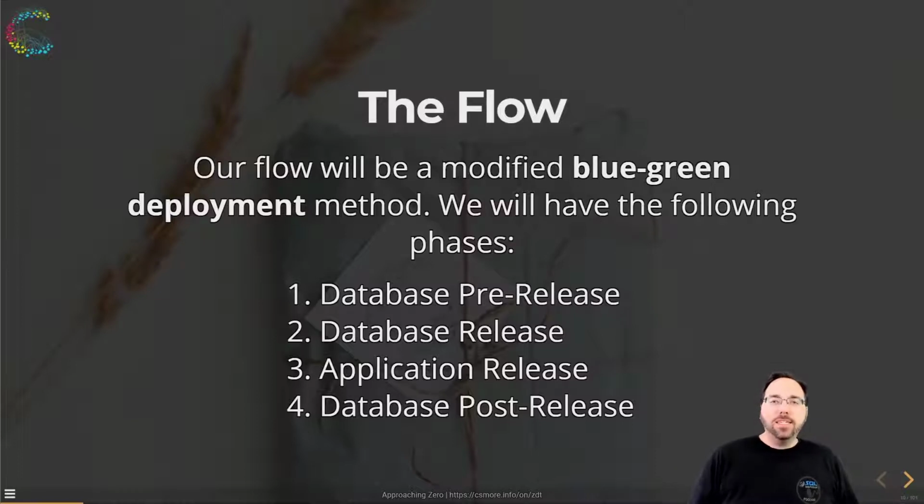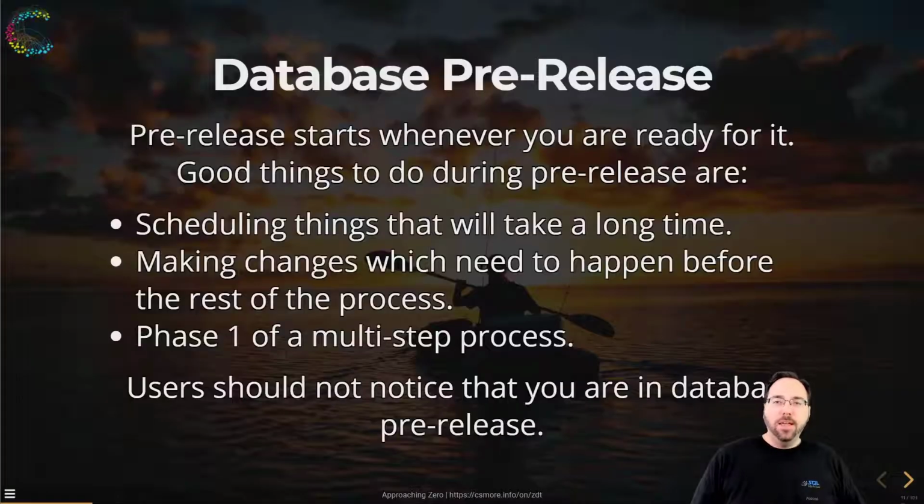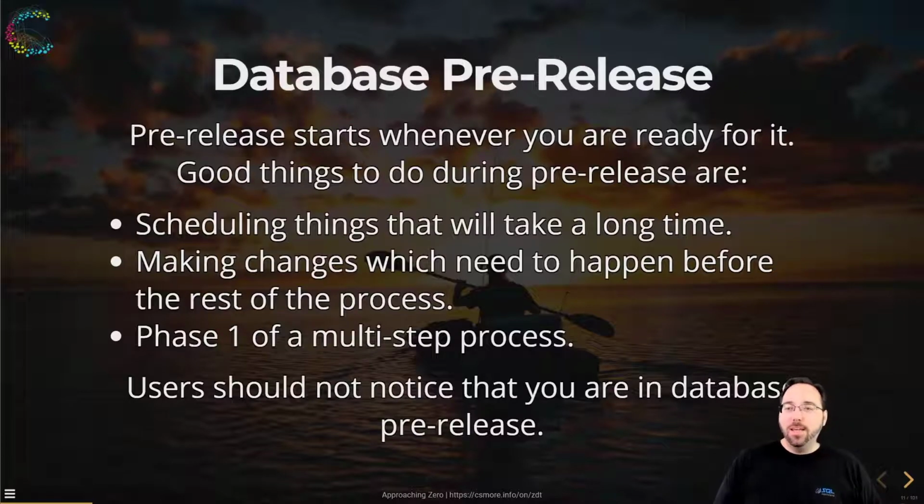The first phase is a database pre-release. The idea here is, well, database pre-release is a state of mind. It begins whenever you're ready for it. So things that make sense to do in a pre-release process are changes that take a very long time, but don't affect users. Users should not notice that you're in a pre-release.